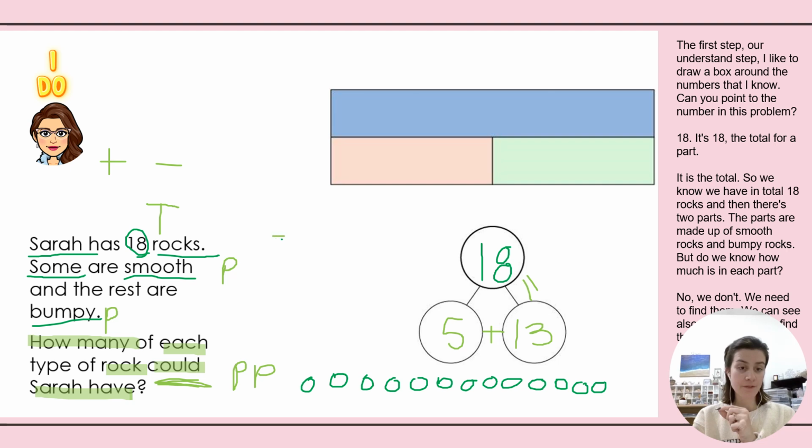She could have 5 smooth, and 13 bumpy rocks. And there we go.